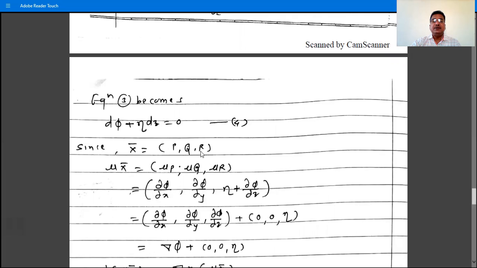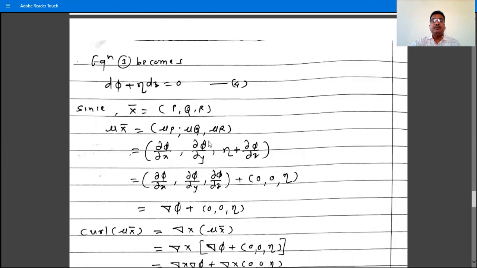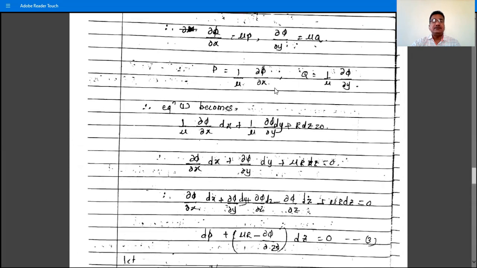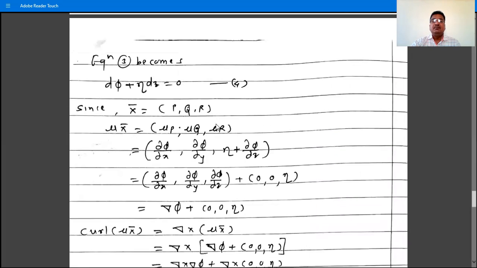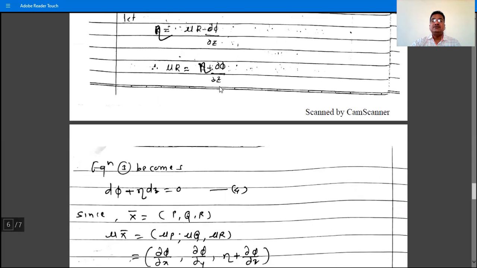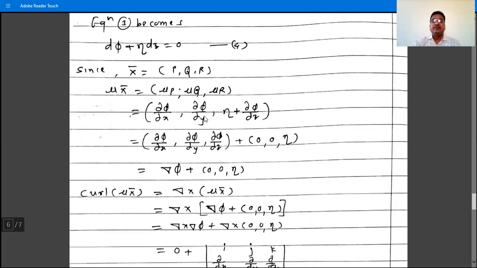Since the vector x bar is (p, q, r), then mu x bar is (mu p, mu q, mu r), where mu p is ∂phi/∂x, mu q is ∂phi/∂y, and mu r is nu plus ∂phi/∂z.